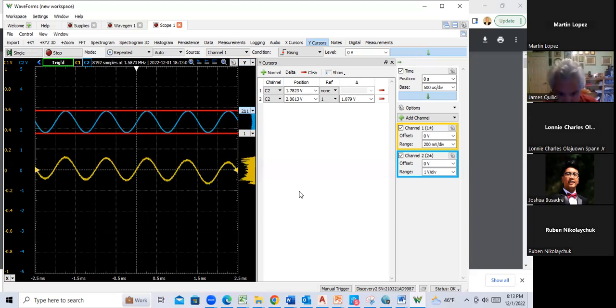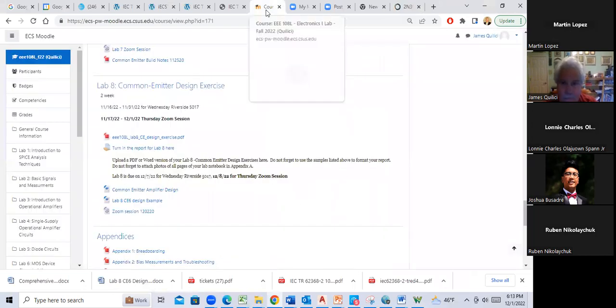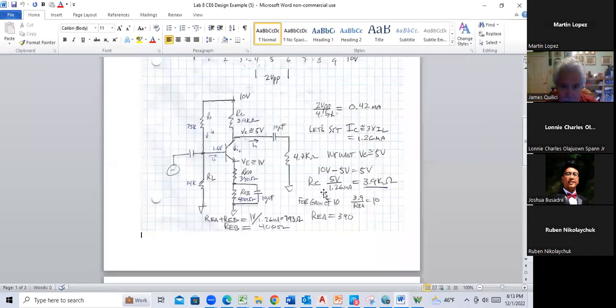So let's look at that circuit again real quick. This was designed for 10 volts, but because of my kit, I have to design it for a 5-volt supply.